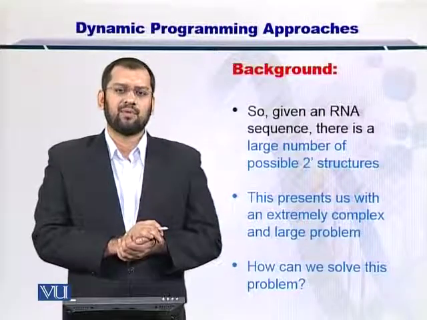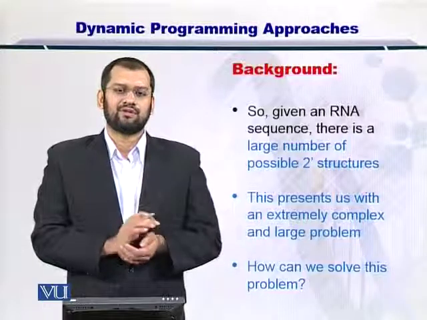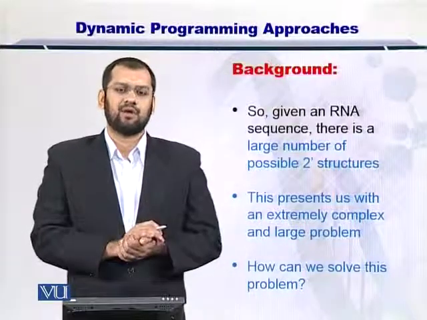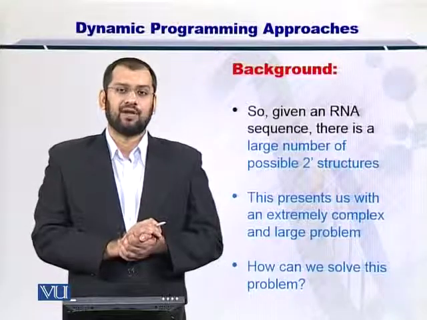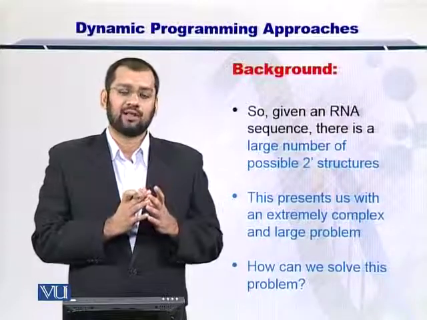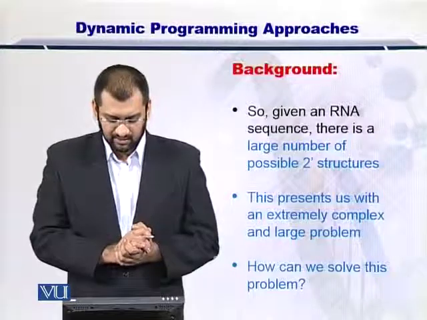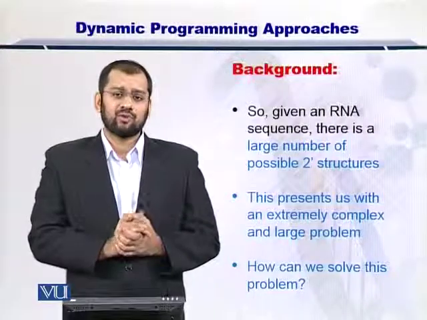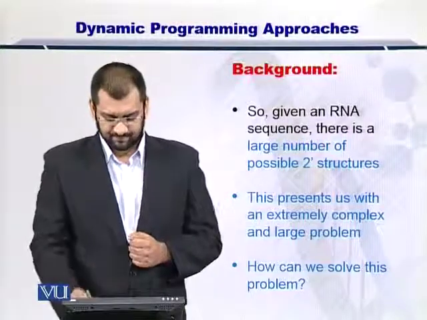We store it in the memory of the computer and we try to find out by searching which is the most optimal, energetically stable structure. But as the length of the RNA molecule increases, the complexity of this problem increases exponentially. So how can we solve this problem using dynamic programming?